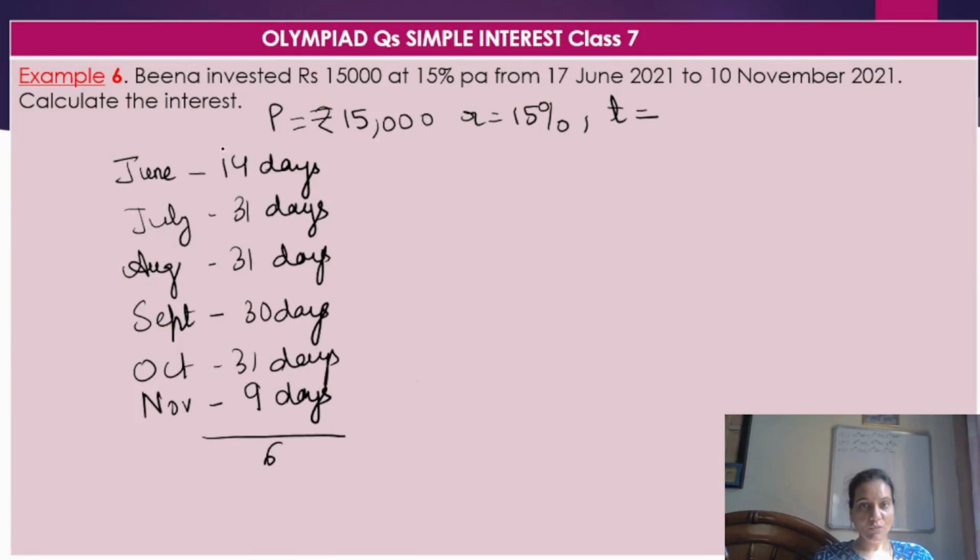So write 6 and 1 gets carried over. So 2, 5, 8, 11, and then this is 14, so 146 days in all.